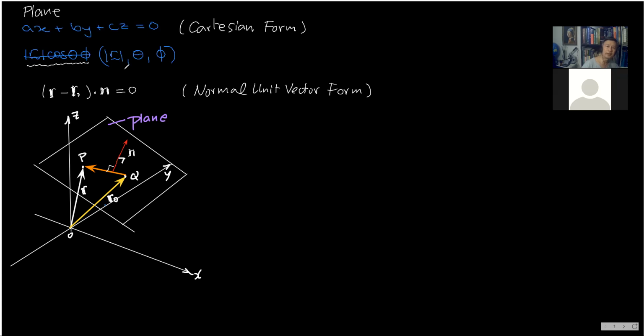You use two angles to define that R, but are these two equivalent or not? I don't know. I don't think so. Can we look at your textbook to see, did they use, so this is actually the standard description of the plane. You can write a Cartesian form, or you can use normal unit vector form.